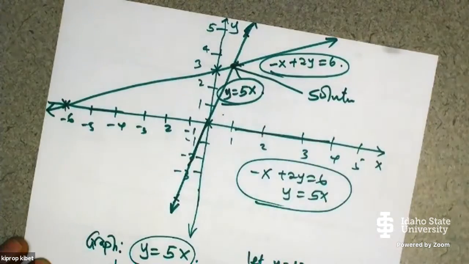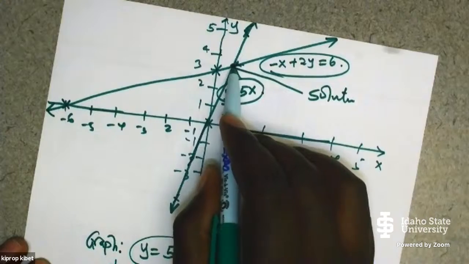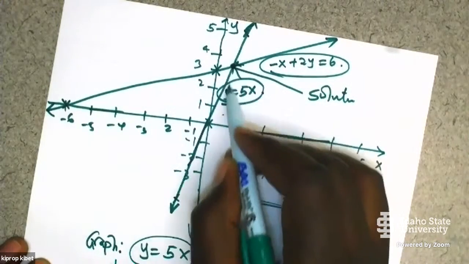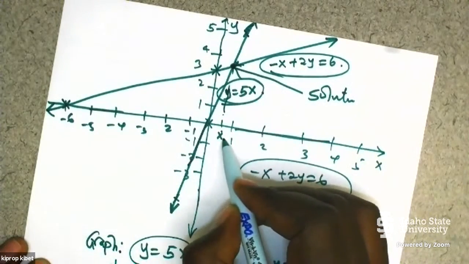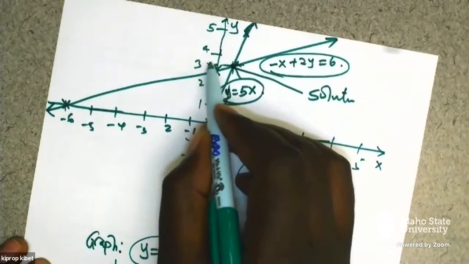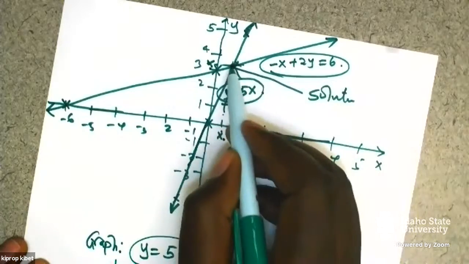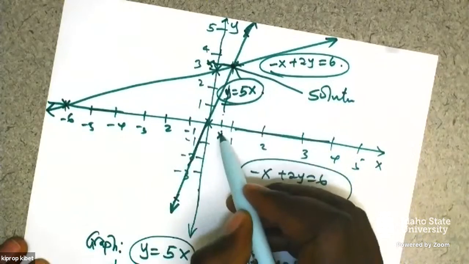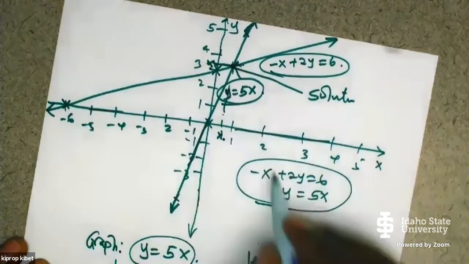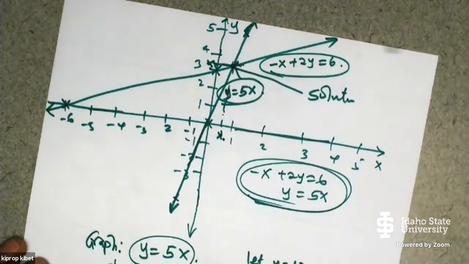The solution will be this point, the x which you read from here, and the value of y which you read from here, will be the solution of that system. So we'll just see it. Don't worry about that.